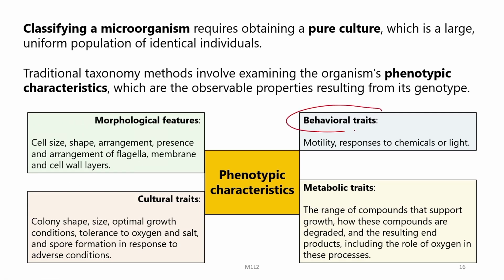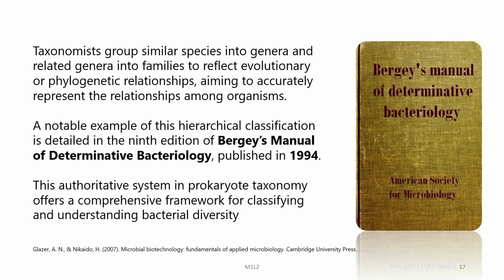Then other things like behavioral traits, particularly motility and responses to chemicals or light, and then metabolic traits: the range of compounds that support growth, how these compounds are degraded and the resulting end products, including the role of oxygen in these processes. Then another phenotypic characteristic is the cultural trait, which results in the colony shape, size, optimal growth conditions, tolerance to oxygen and salt, and spore formation in response to adverse conditions.